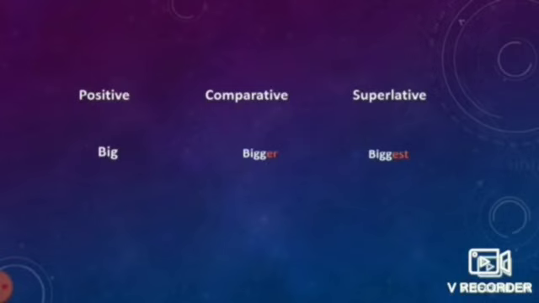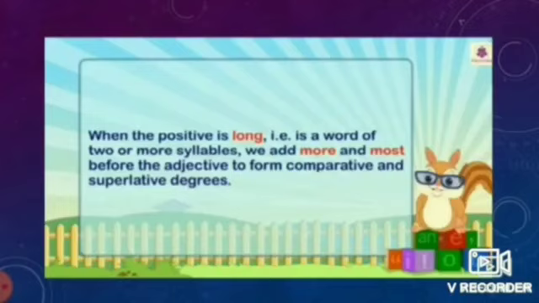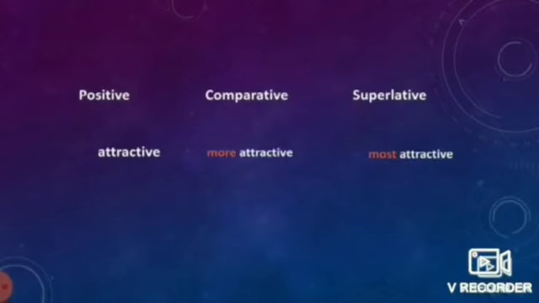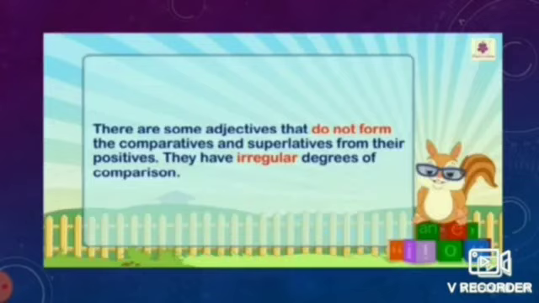Okay, students? When the positive degree is long, that is, it is a word of 2 or more syllables, we add more and most before the adjective to form comparative and superlative degrees. For example, attractive, more attractive, most attractive.